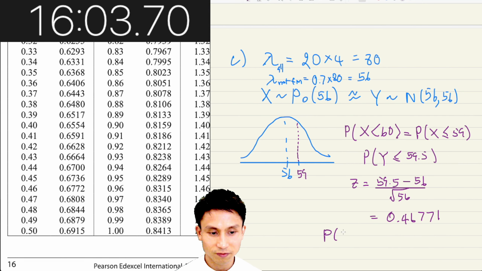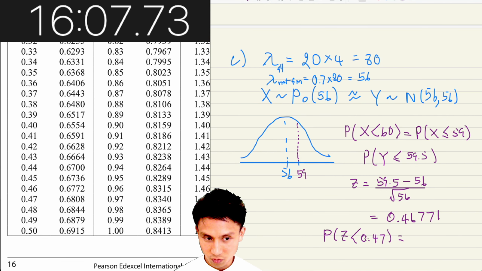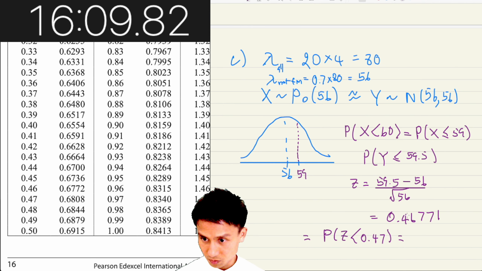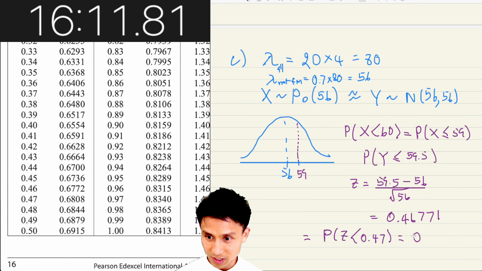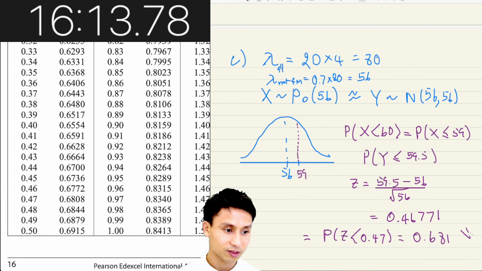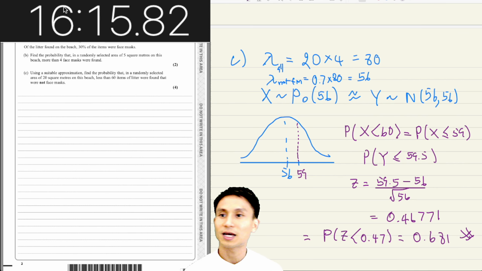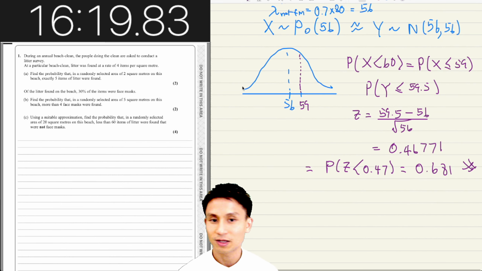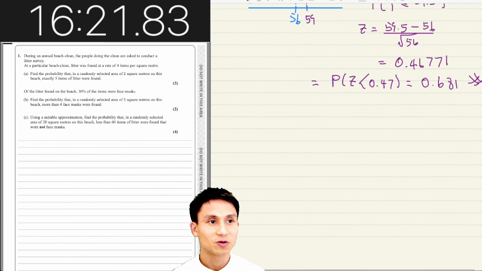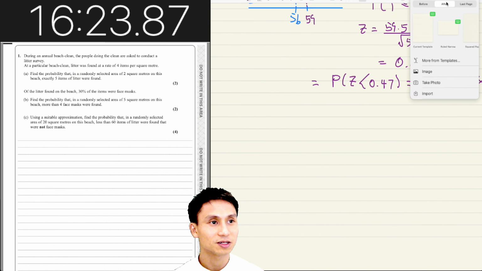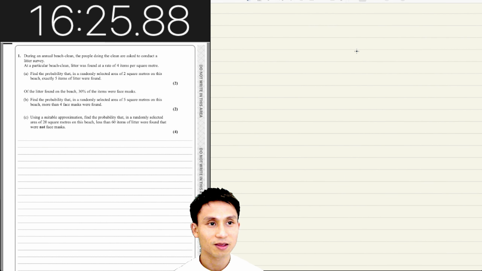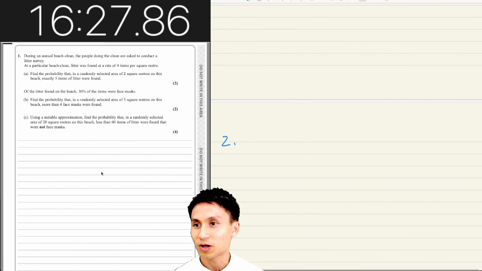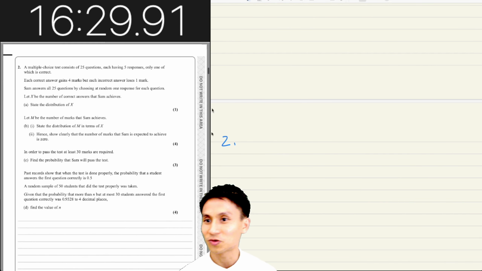So P of Z less than 0.47 would be equal to, so I'm going to make it 0.681. Just 3 decimal places there, rounding a bit up because we used a rounded Z value there. Okay, that's done. Phew, that was the first question. That was already something, right? Okay, number 2. I hope it gets easier towards the end.